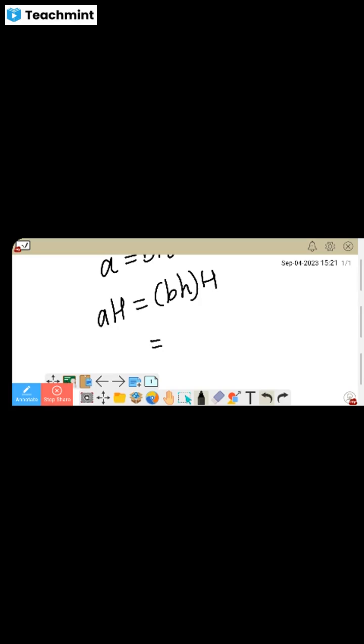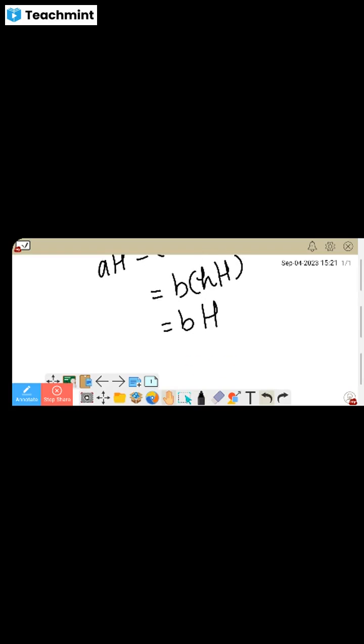And this B and H into H we can write as, and this is to be taken as capital H, because this is an element of H, so we can write as, which gives AH is equal to BH, which is needed to be proved. So this is proved.